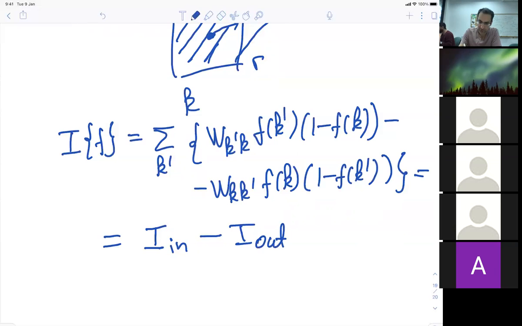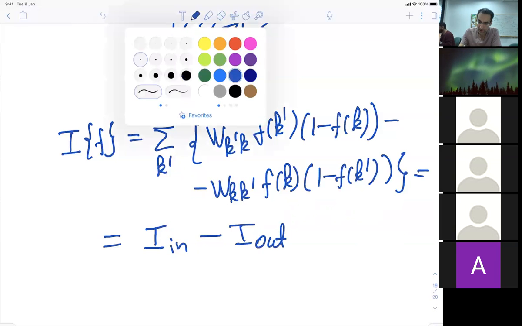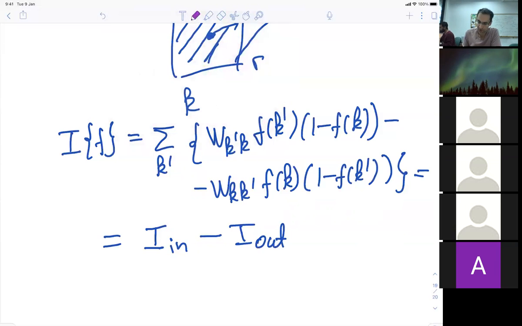So let us look at these two building blocks, and as you see, they are coming with opposite signs. So what is the meaning of the first building block?